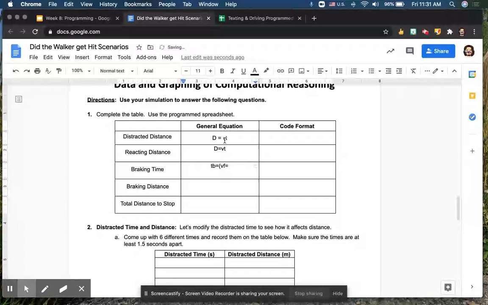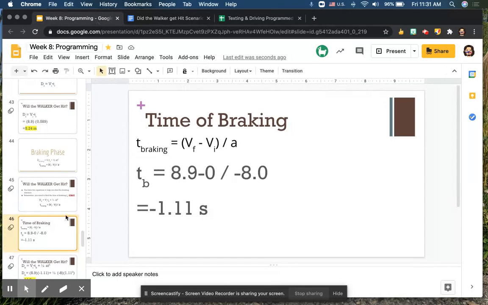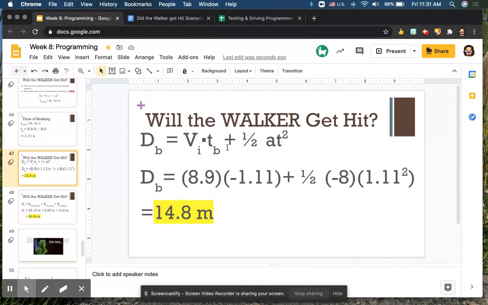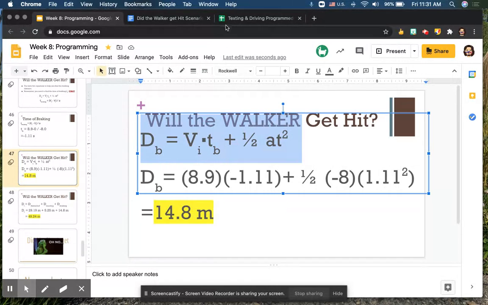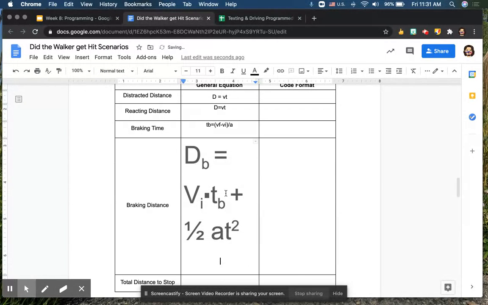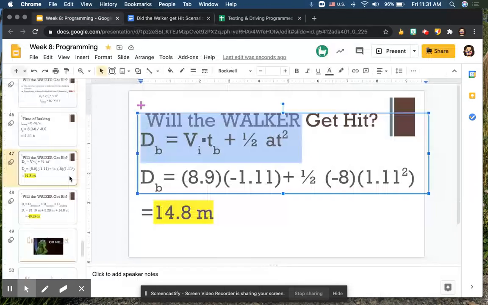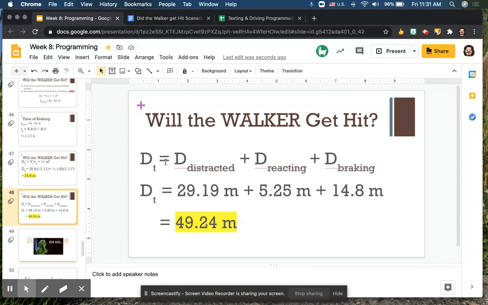So I would type in time of braking, or TB, equals final velocity minus initial velocity divided by acceleration, and then braking distance is right here. Ooh, that's a long equation. I'm just going to copy and paste that. I can actually change. There we go. And then my total distance to stopping is the same as dt. This is the total distance.